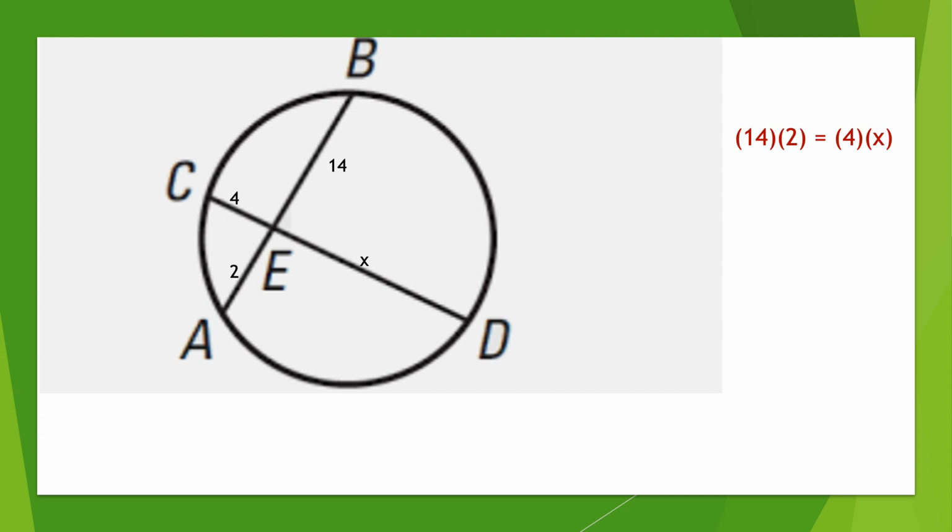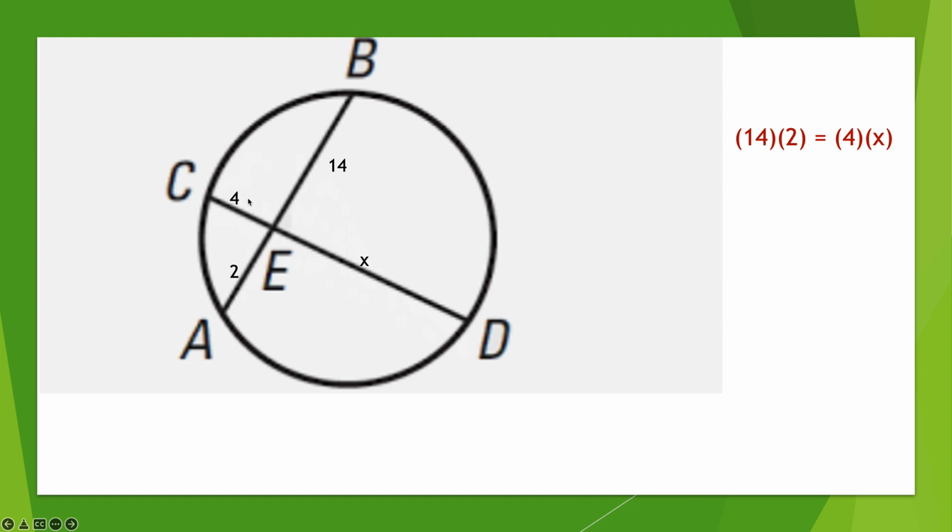From our last lesson, what we learned was that when we take the products of the pieces of a particular chord and multiply them, for example the 4 times the x and then the 14 times the 2, those products are going to be equal.